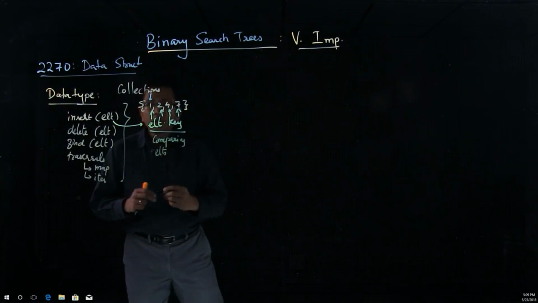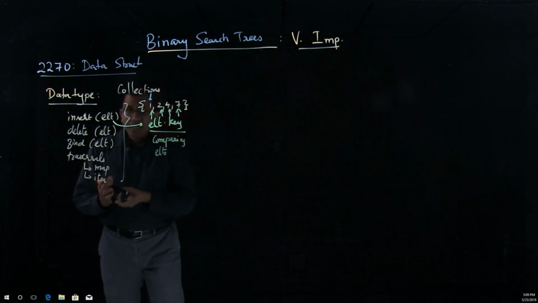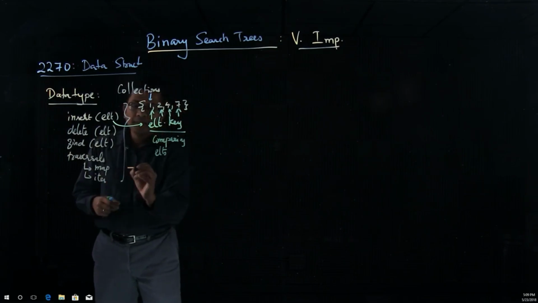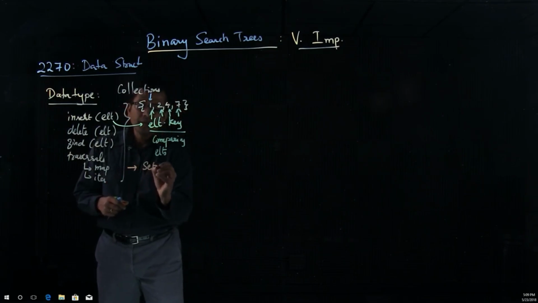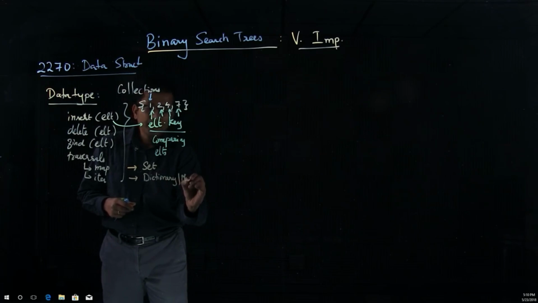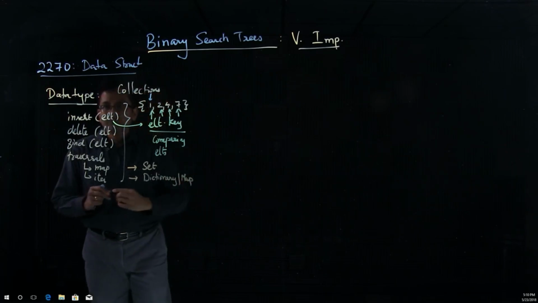Now using binary search trees, I can build other data structures. So I can build a data structure for a set. I can build a data structure for a dictionary, or a map. These can be built using binary search trees.